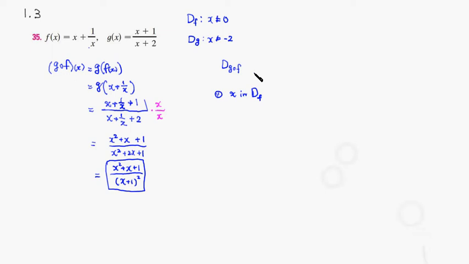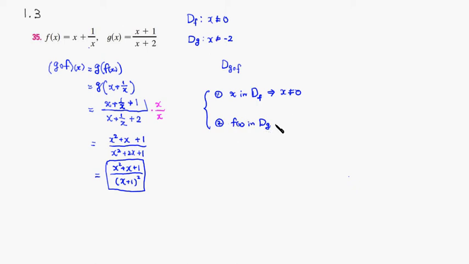And second, the inside function, f of x, has to be in the domain of the outside function, in this case g. So x has to be in the domain of f, which means all real numbers except 0, so x cannot be 0. Then for the second one, f of x cannot be -2, because f of x has to be in the domain.